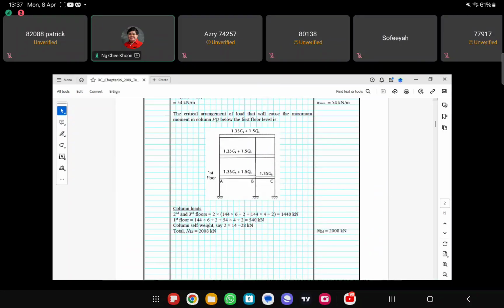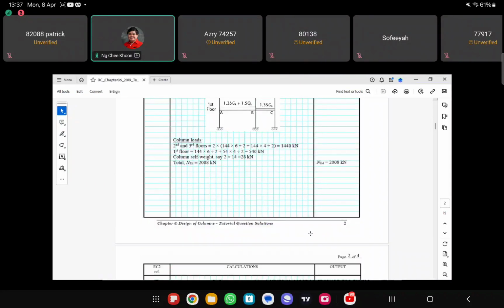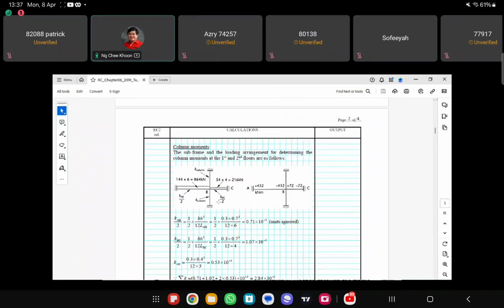So we want to design this column, so we have to take this column and the column above it, and the beam connected to this column, and then fix all the other ends, right? So we fix this, fix this, fix this, fix this, and then this one is maximum load, and this one is minimum load, okay? And then this beam stiffness has to be divided by 2, okay? And then this is the column.